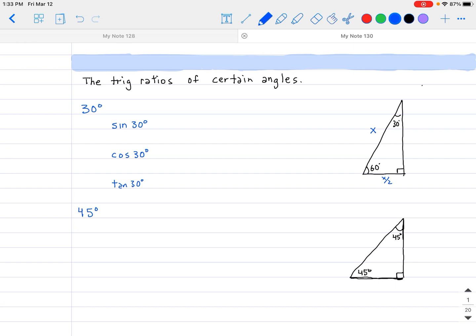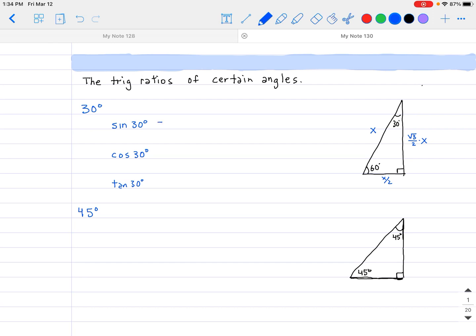And the side opposite the 60-degree angle is root 3 divided by 2 times x. That was the proper ratio according to what we derived in the past. With that, we can now find the sine of 30, cosine of 30, and tangent of 30. This is always going to be true regardless of how big or small the triangles are, because they're always proportional.